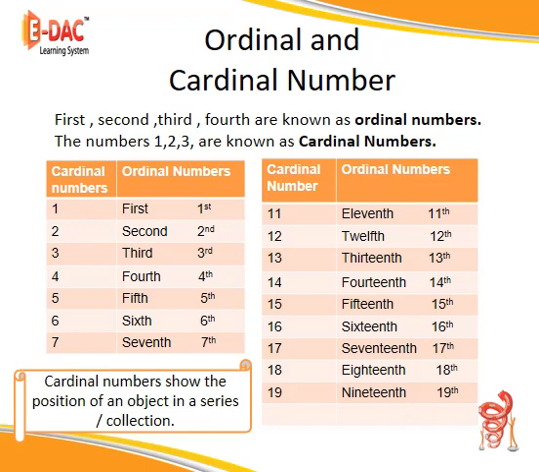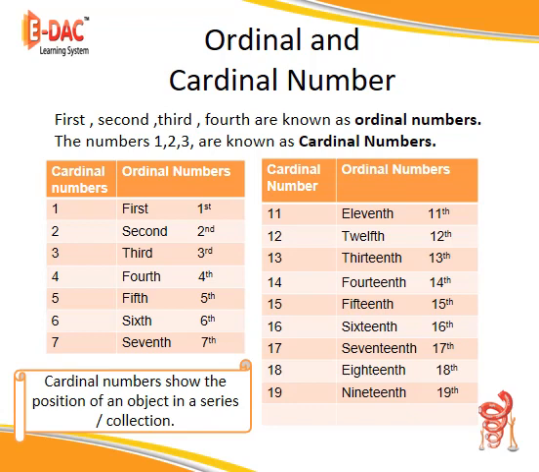Ordinal and cardinal numbers. Students, when we call the numbers first, second, third, fourth, these are called ordinal numbers. For example, when we call 1 as first, it is an ordinal number.